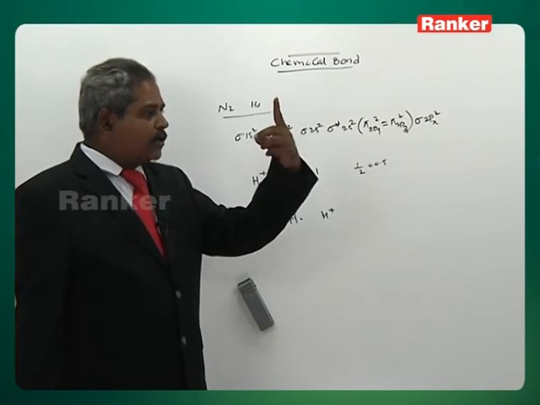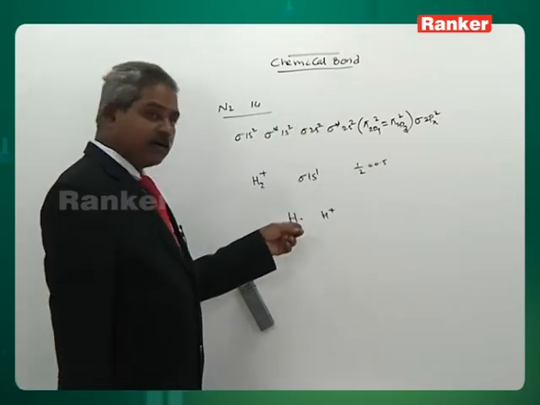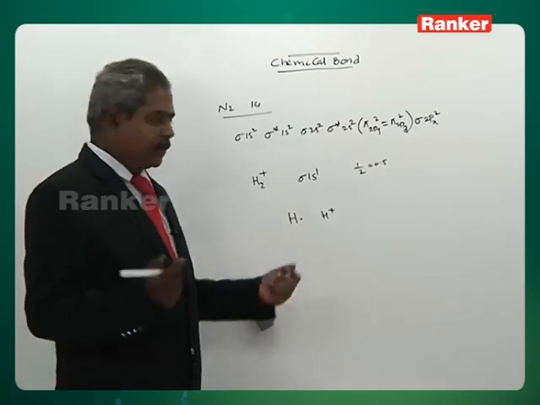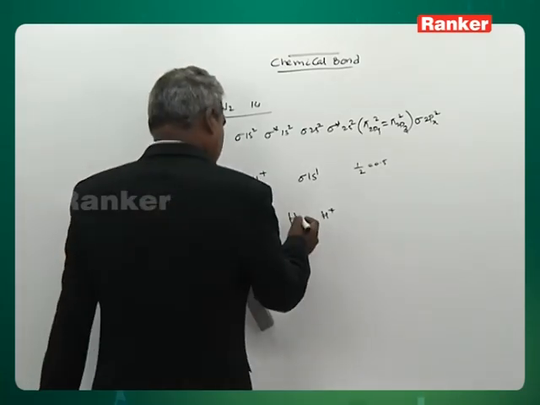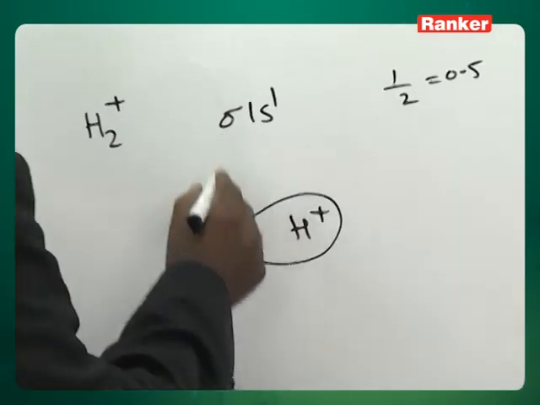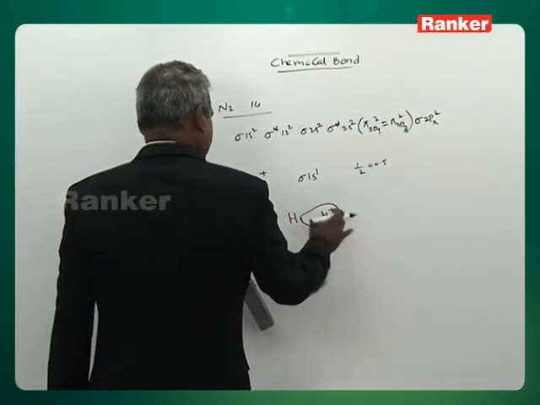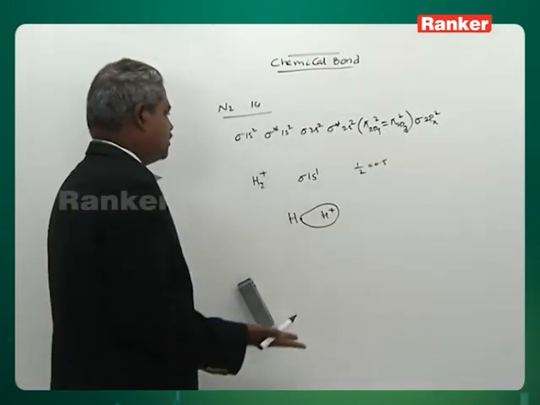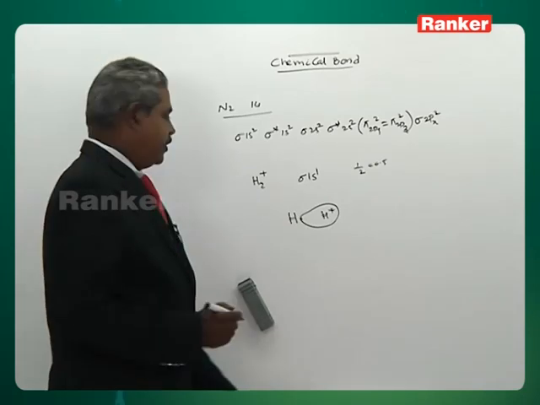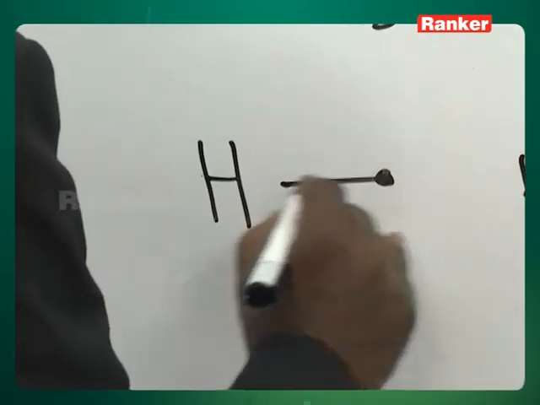After heating, one electron is lost, but the remaining 2 nuclei will share that 1 electron. How will they share that? That single electron will be moving around the 2 nuclei, that is sigma 1s1. So this electron moves between these 2 nuclei, only 1 electron, so it is equal to half a bond, H2 plus. So what are they doing now?